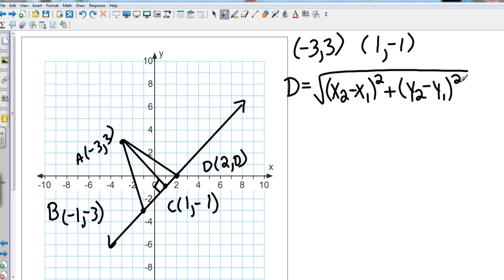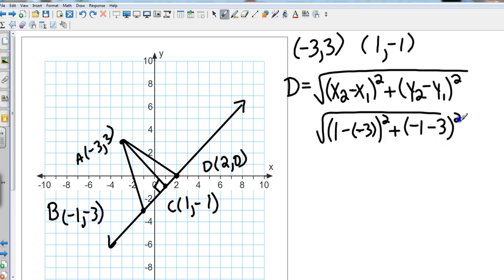Again, we square those so we have positive values inside there because distance always has to be positive. So just working through this, our x sub 2, which would be our x value of our second point, is going to be 1. Then we're going to subtract a negative 3. Our y2 value is negative 1. And then we are going to subtract the positive 3.